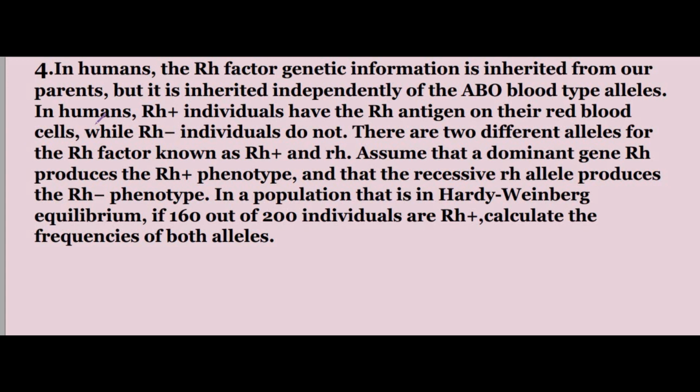We have to assume that the dominant allele is capital Rh and it produces the phenotype Rh positive, and the recessive small rh allele produces the Rh negative phenotype. In a population that is in Hardy-Weinberg equilibrium, 160 out of 200 individuals are Rh positive, and we have to calculate the frequency of both the alleles.